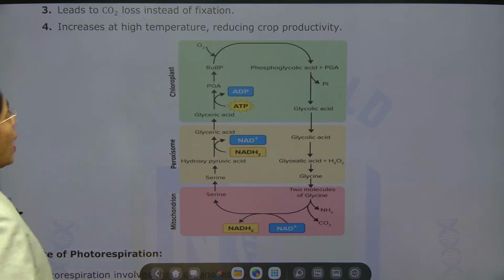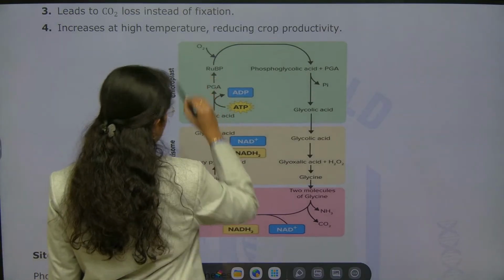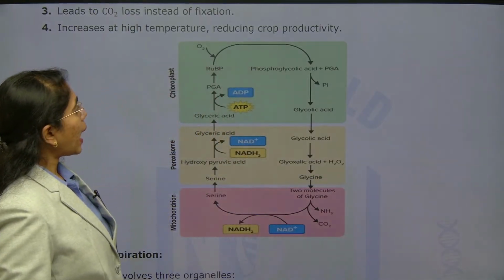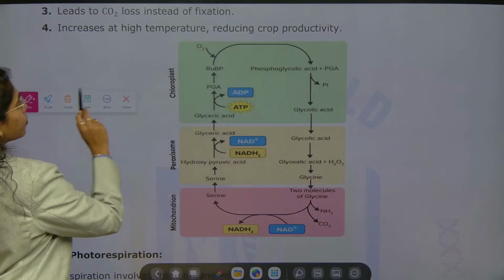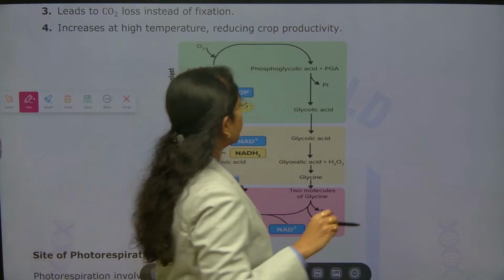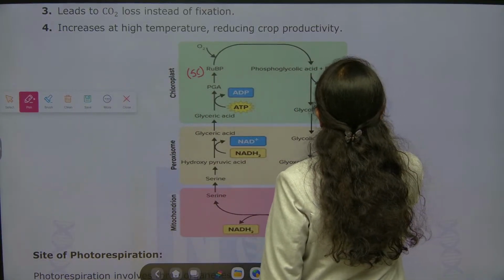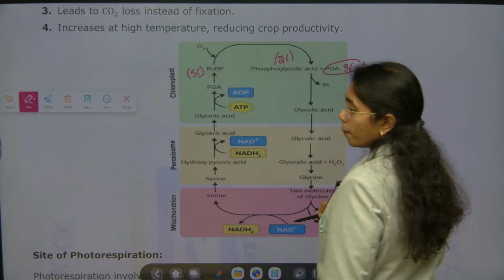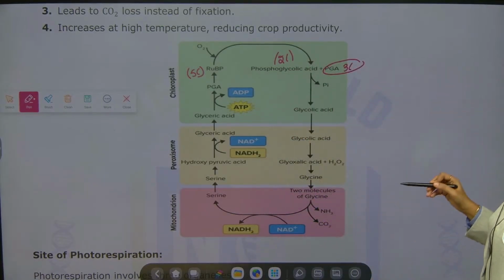Here RuBP binds with oxygen. Oxygenase activity will happen where 5 carbon RuBP will give out two products. One is 3 carbon phosphoglyceric acid and 2 carbon phosphoglycolate or phosphoglycolic acid.